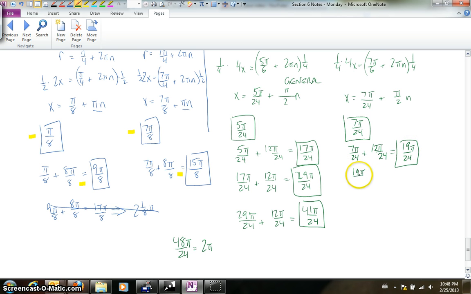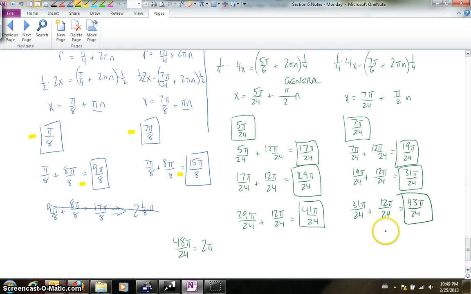Take 19 pi over 24, add another 12 pi 24ths. We've got 31 pi over 24. Take that one, 31 pi over 24 plus 12 pi over 24, and we've got 43 pi over 24.